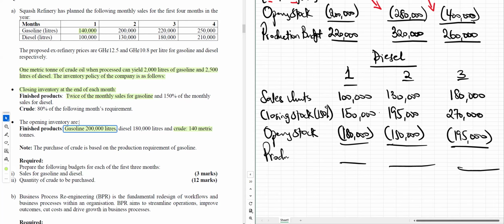Production budget, so opening stock. 70,000. 80% of the required.